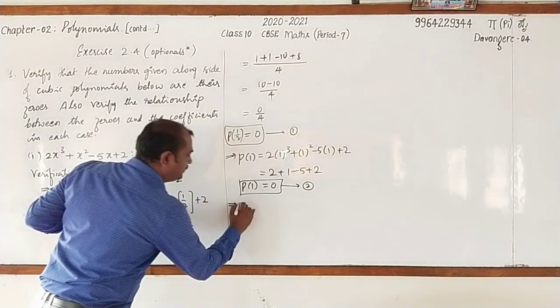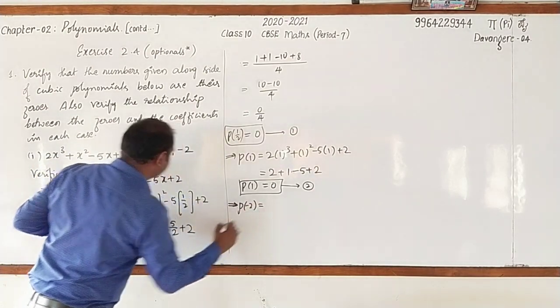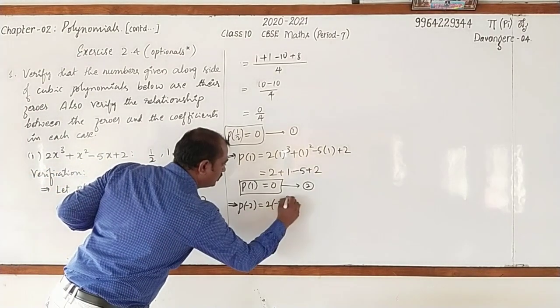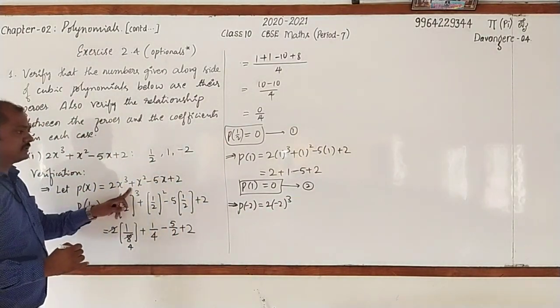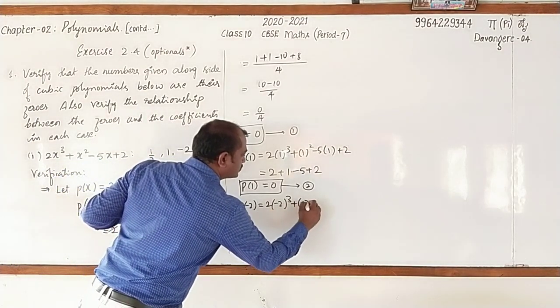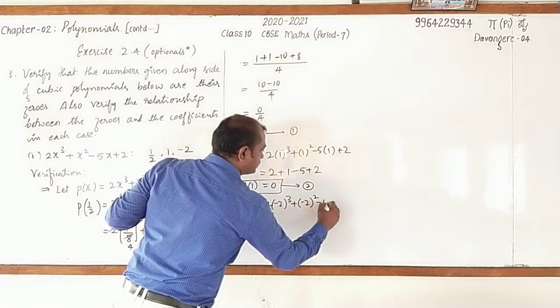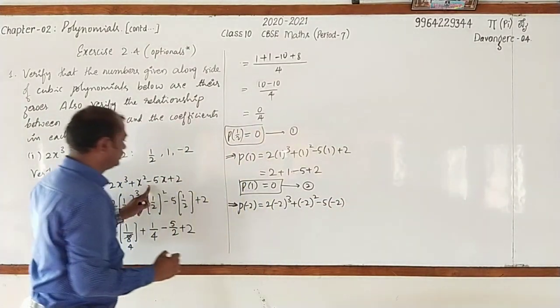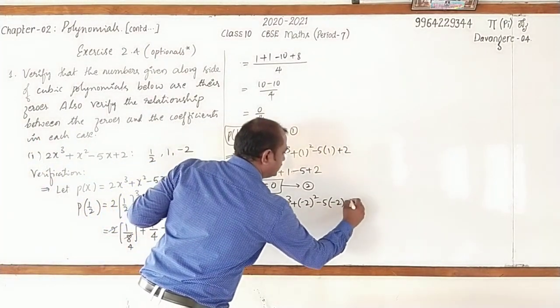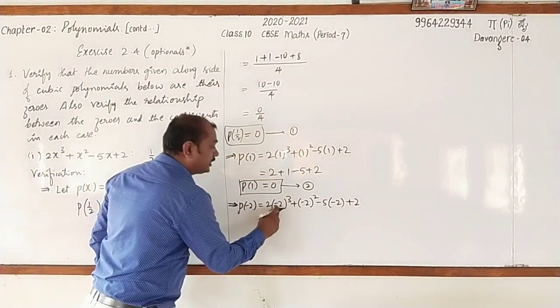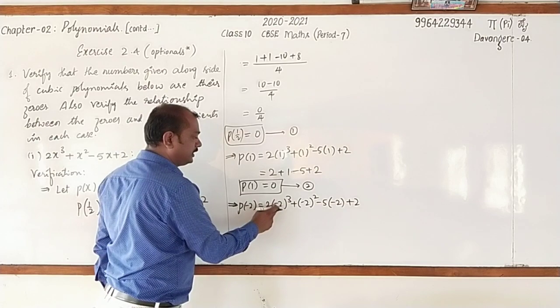Now, let us go for checking by taking minus 2 in place of x. Alright. P of minus 2 is equal to 2 into minus 2 whole cube plus minus 2 whole square minus 5 into minus 2, then plus 2. It is written as it is. This is equal to, what is minus 2 whole cube? Minus 8.